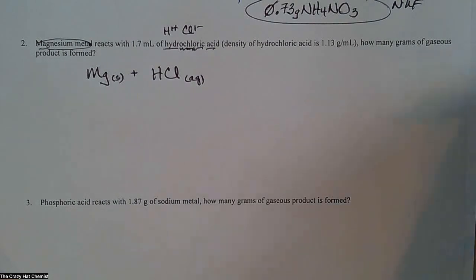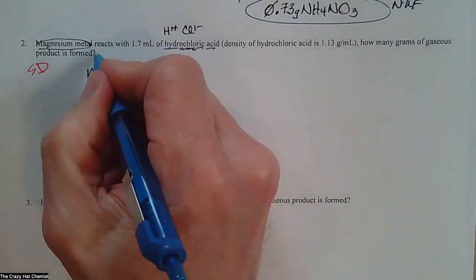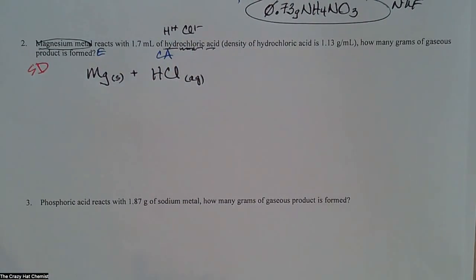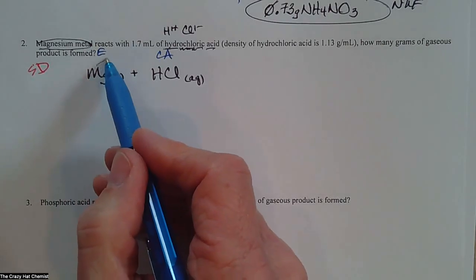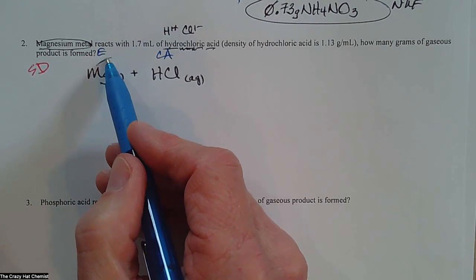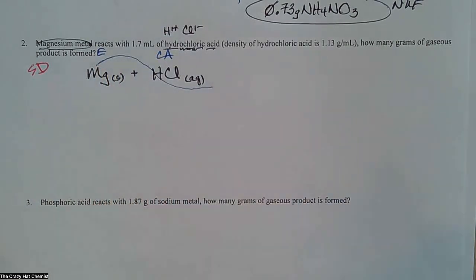Okay, this is a single displacement type of reaction. And how do I know that? I have an element and a cation-anion combination. This magnesium, since it is a metal and forms cations, will displace either a metal or a cation, and the hydrogen is the cation.